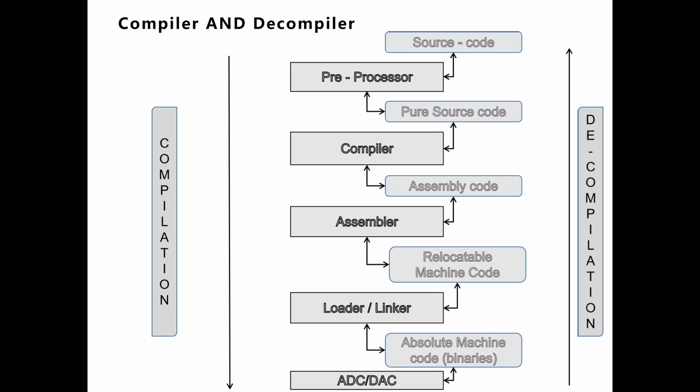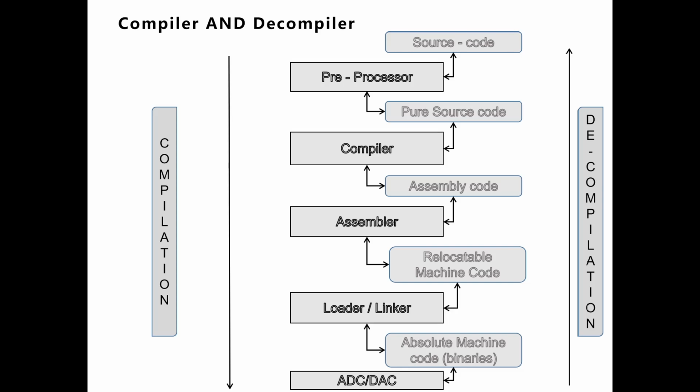If it finds something wrong, it prompts. So it helps in that aspect also. And then the actual work is to convert it into assembly code, and then that assembly code is provided to the assembler. The assembler understands the assembly code and converts it into machine code.